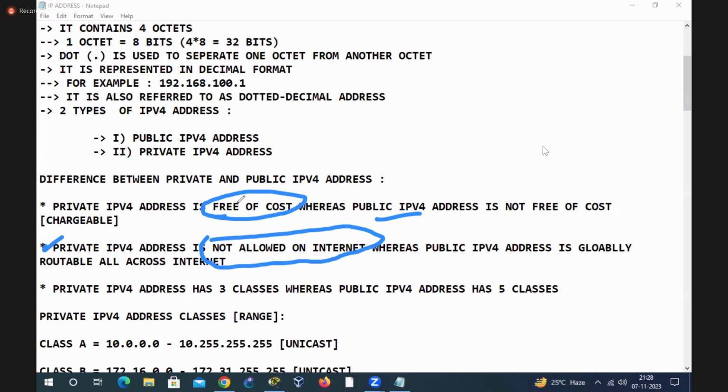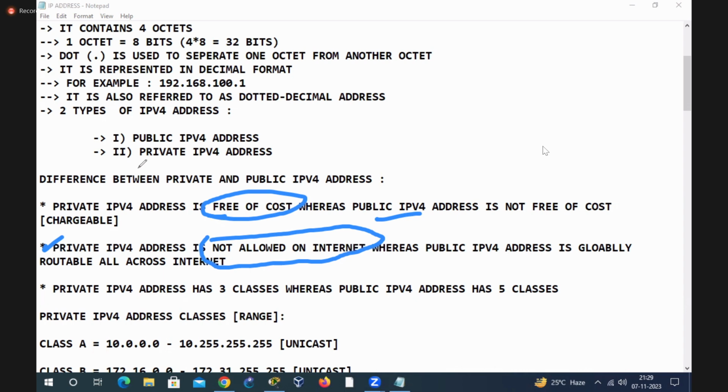We have limited private IPs which are free of cost, and if the same IP address is used by the sender and the receiver, then there is no communication, because duplicate IPs always result in no communication.